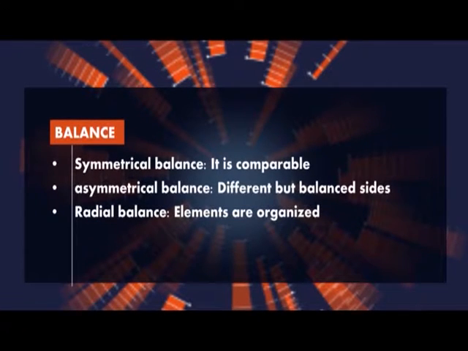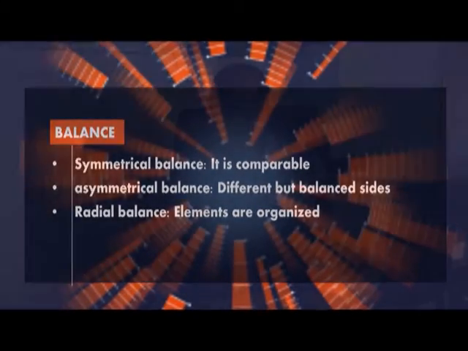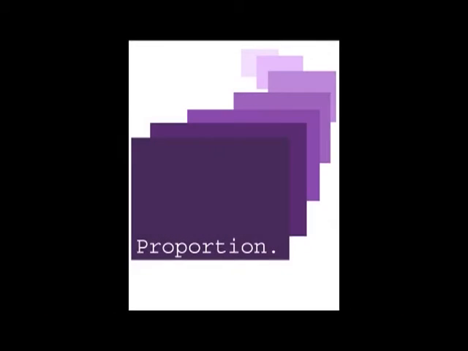In asymmetrical balance, the elements employed on one side differ from the other side. In a radial balance, the elements are organized around a central point that are similar.